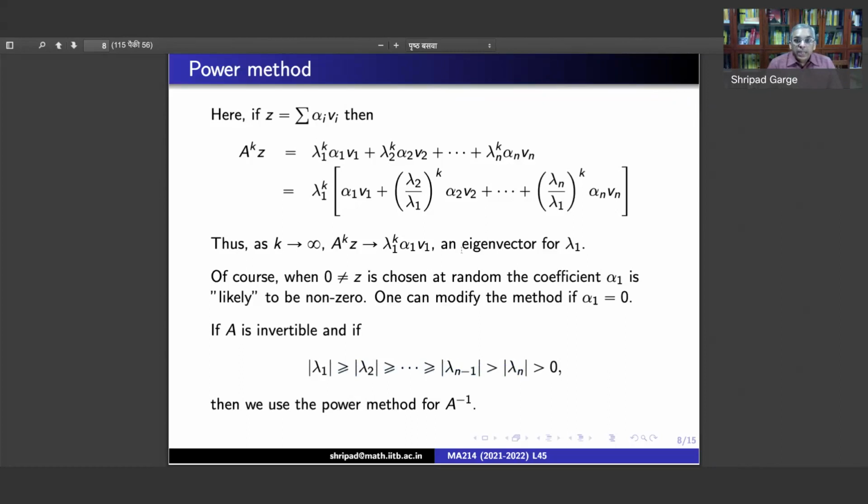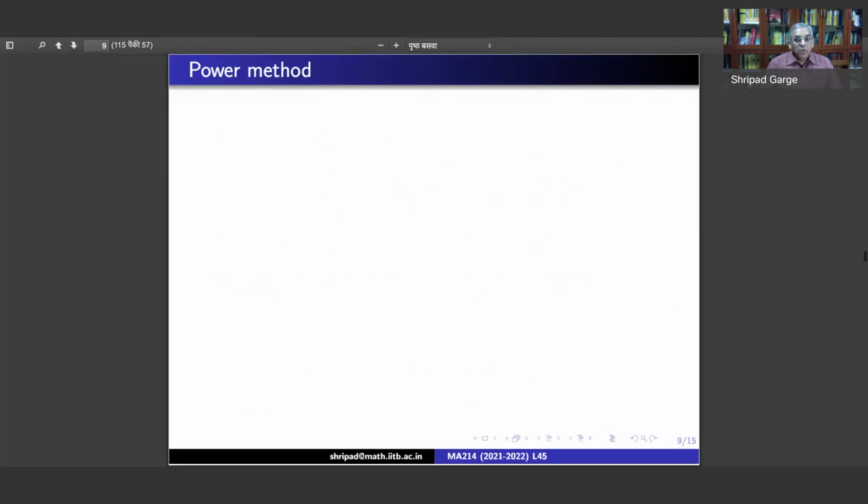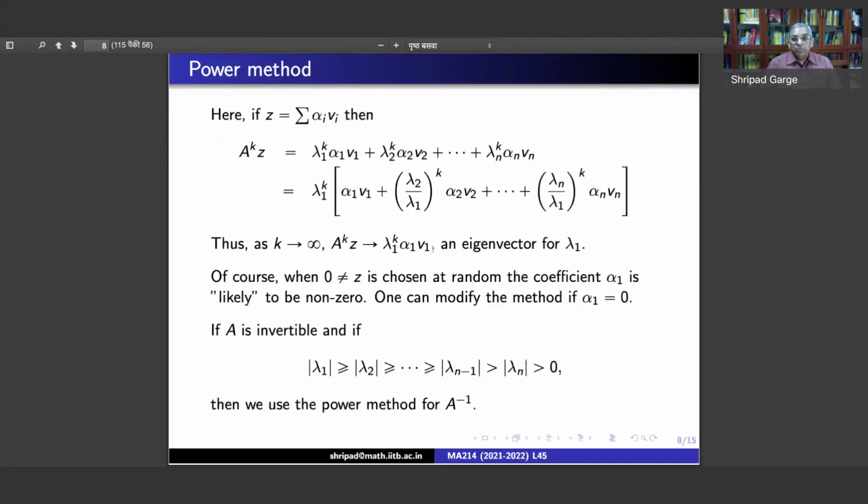Now there is another small problem, and this is where I come to the tweak that I was talking about: your lambda 1, the dominant eigenvalue, may have the property that its modulus is less than 1. In that case, the kth power of lambda 1 will also go to 0. We don't want this to be a 0 vector, or a very small vector.